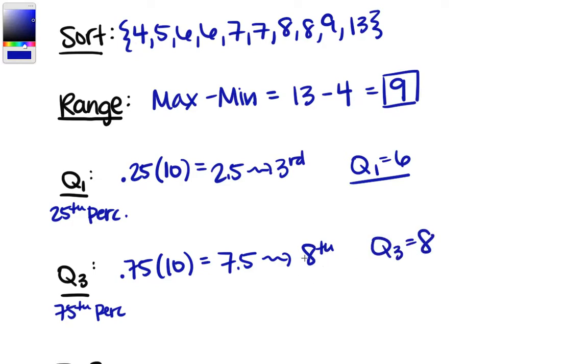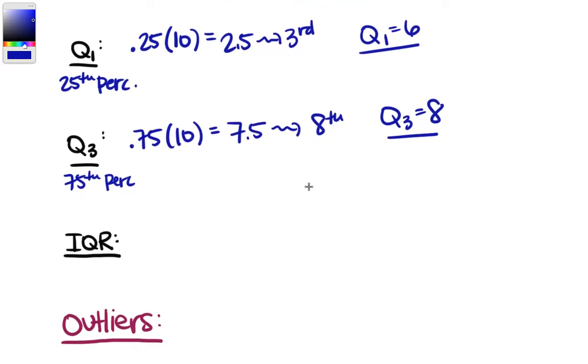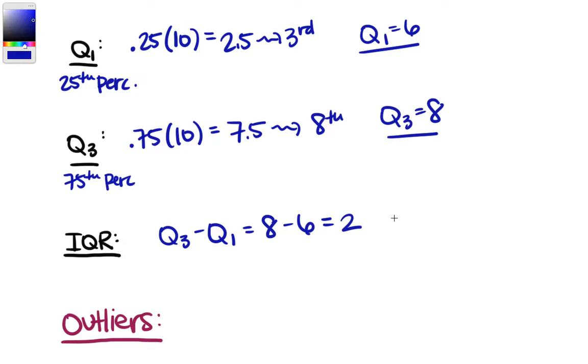Not because we wanted the 8 here, but because when we look at the 8th number in the list, it happens to actually be the number 8. Okay, so now that we have the quartiles, we can find the interquartile range. Q3 minus Q1, that is 8 minus 6, which gives us 2 as our IQR.